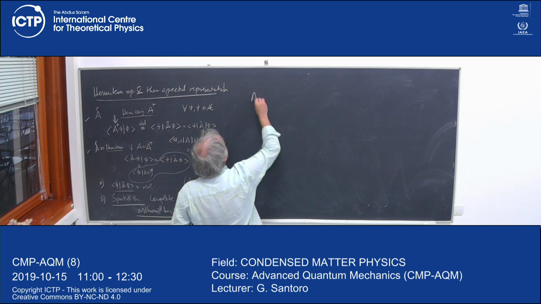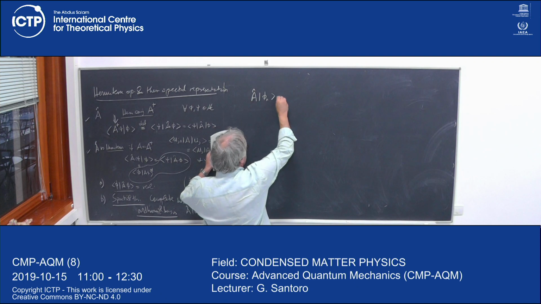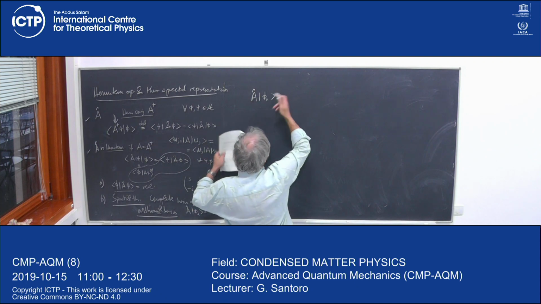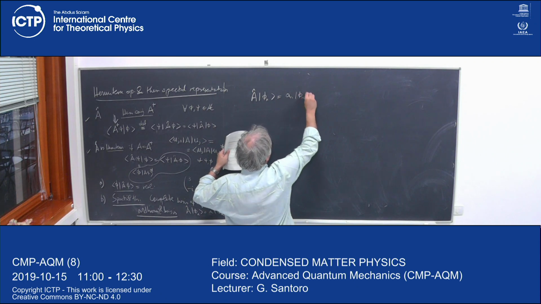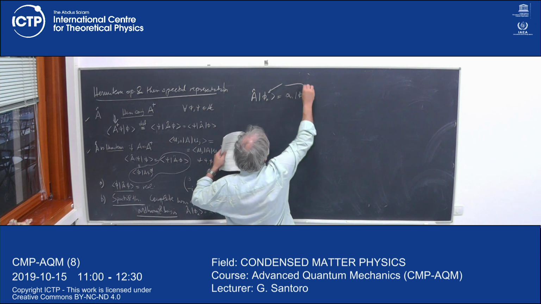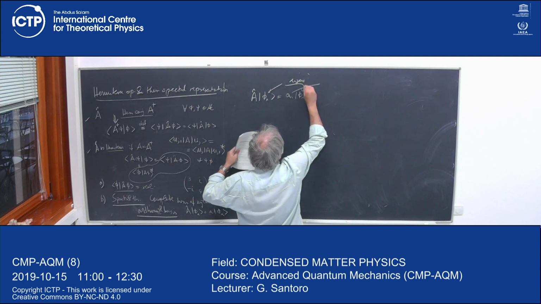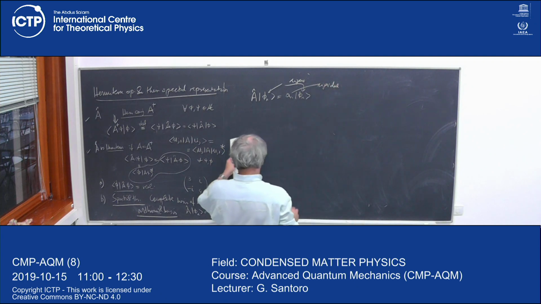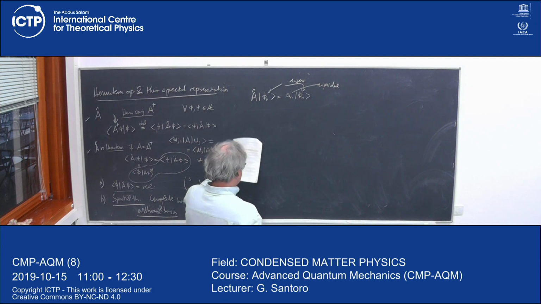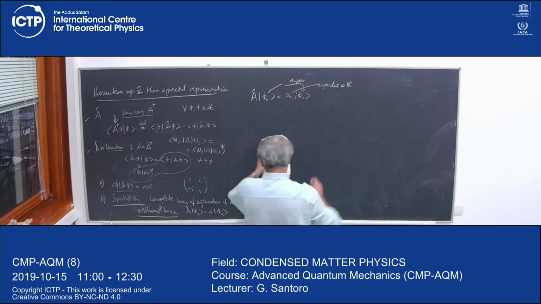Suppose that I have this Hermitian operator and I have some eigenvectors of it. Okay? I will call, say, phi n and a n the associated eigenvalue. Okay? So this is the eigenvector and this is the eigenvalue. Okay? Now, we said the eigenvalue is real.